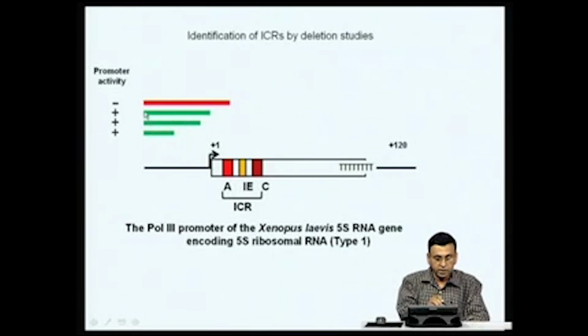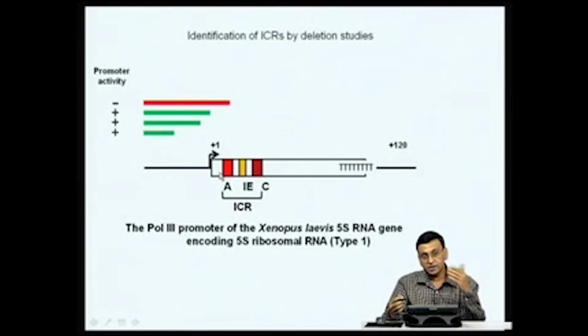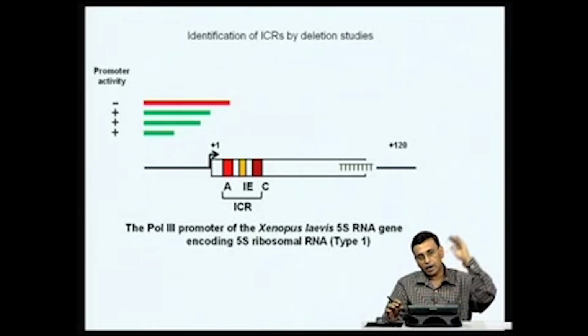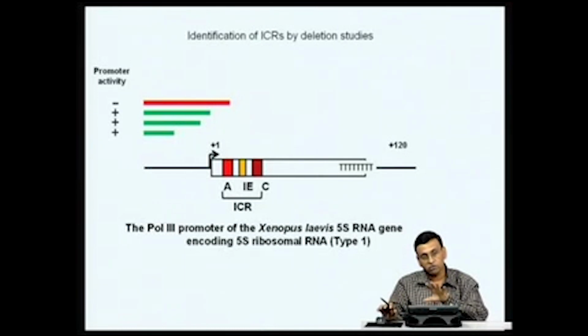But the moment they made a deletion which spans after the transcription start site, there was a dramatic decrease in the promoter activity, clearly indicating that the promoter region is actually after the transcription start site. These kinds of studies gave a hint that in the case of tRNA gene promoters, unlike what people have seen in the case of Pol II and Pol I, here the promoter may be actually internal.